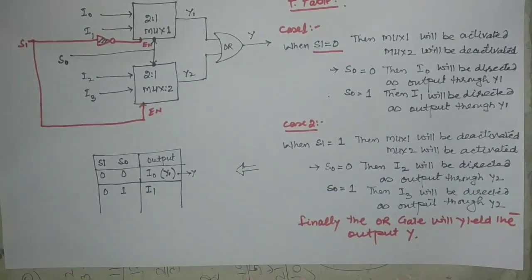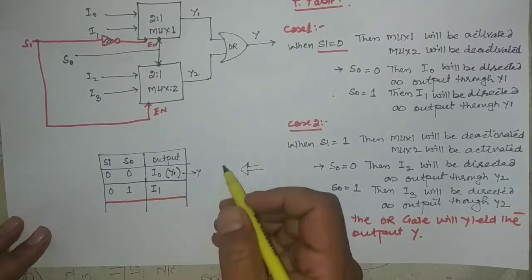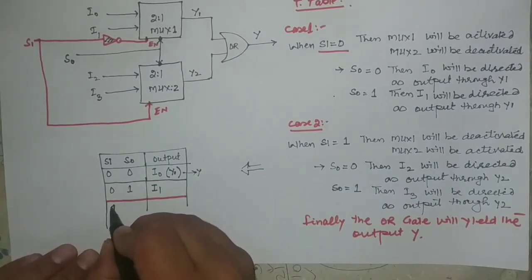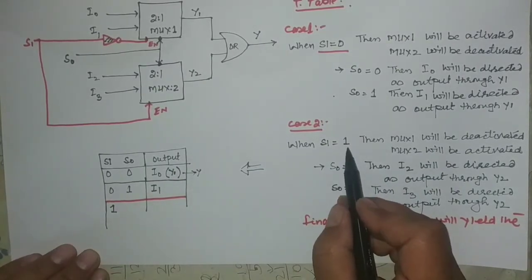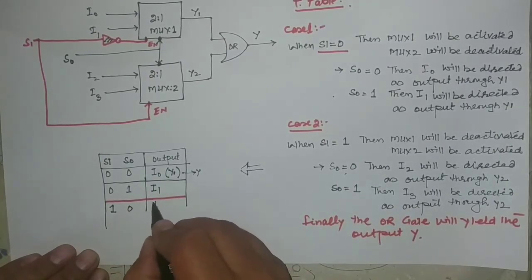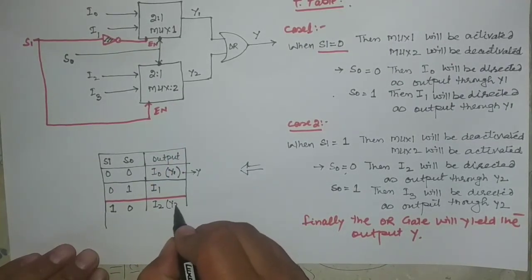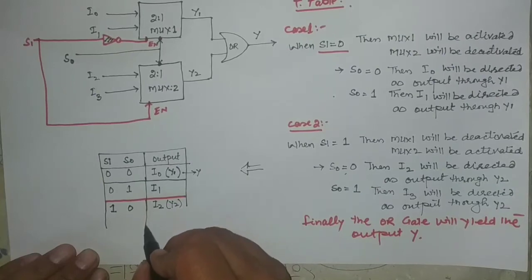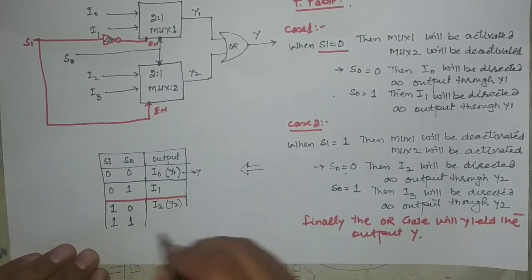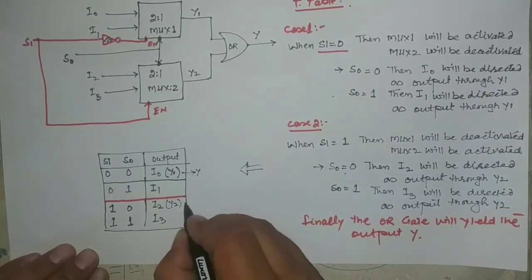So this is for S1 equal to 0. Now when S1 is equal to 1 and S0 is equal to 0, then I2 will be directed as output, obviously through Y2. And when S1 is equal to 1 and S0 is equal to 1, then I3 will be directed as output.